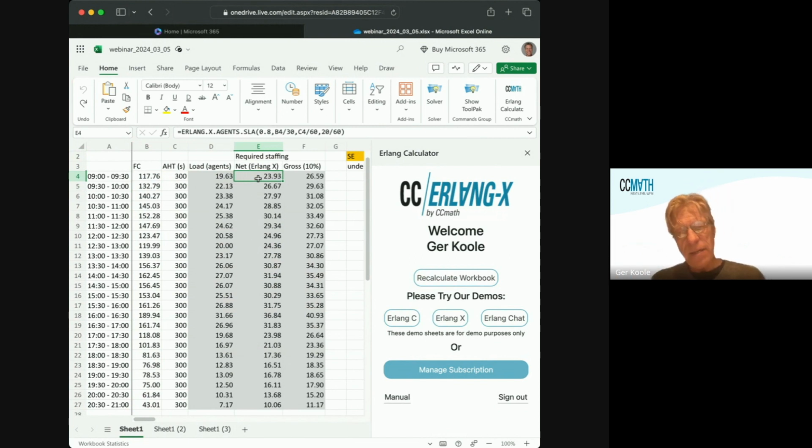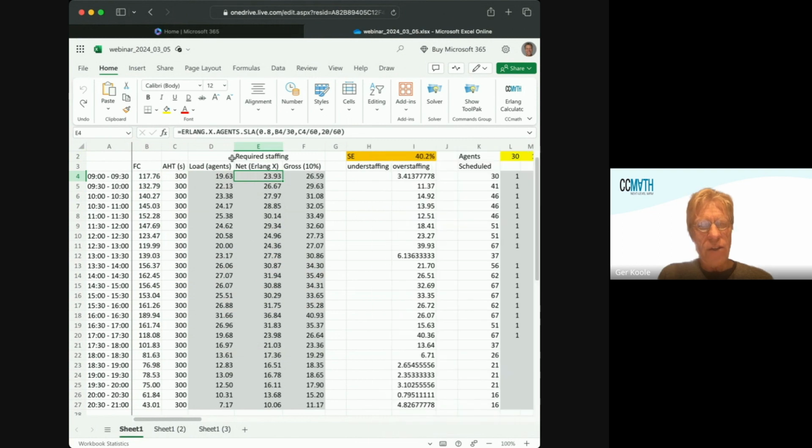Sometimes they are longer, sometimes they are shorter. To be able to work away fluctuations in workload, you need more staffing than just the load. That is what the Erlang formula calculates. What I did here, I loaded our own Erlang add-in, our own Erlang calculator, and then I called the function.